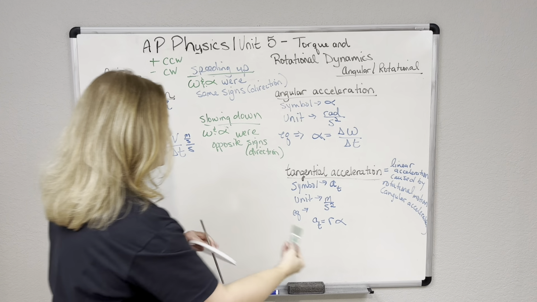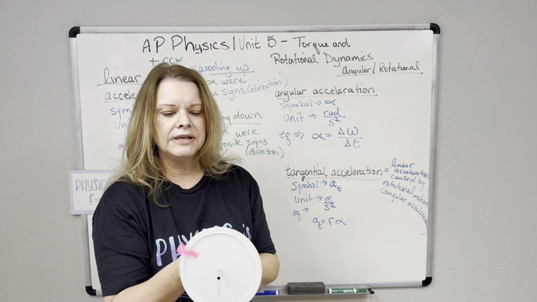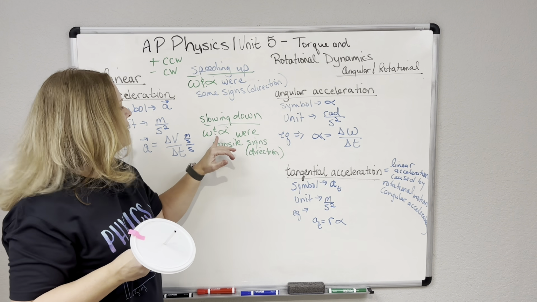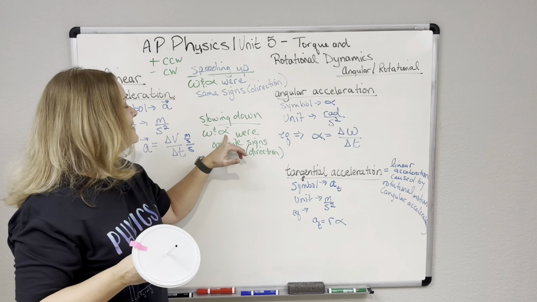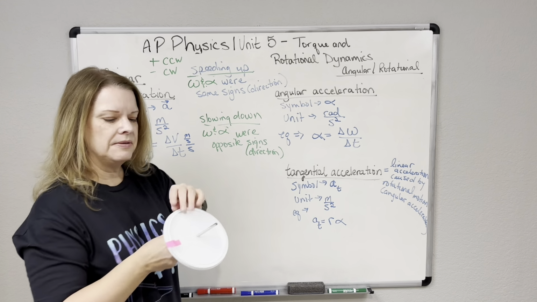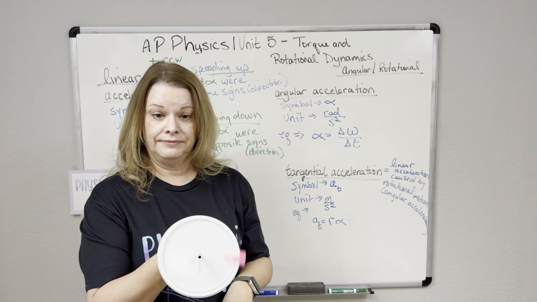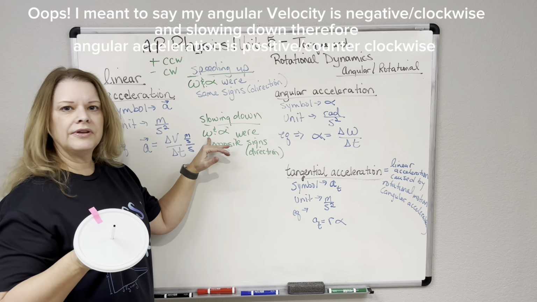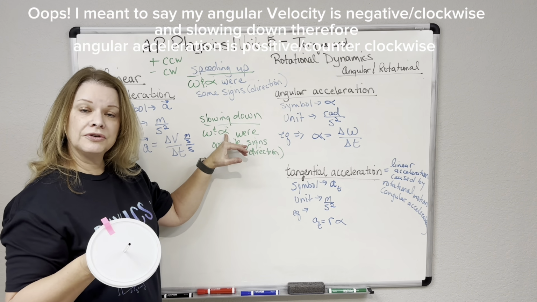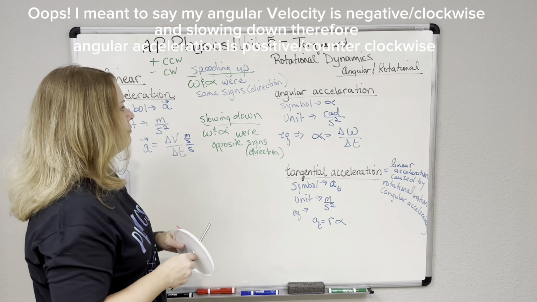Let's say I'm going counterclockwise and I was going really fast, but now I'm slowing down. Counterclockwise, my angular velocity is positive. My angular acceleration is negative, opposite directions, because it's slowing down. I could do the same thing going clockwise and slowing down. My angular velocity is negative because I'm going clockwise, so my angular acceleration has to be positive, opposite signs, or counterclockwise when we say positive for rotational.